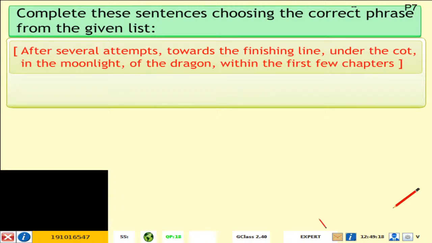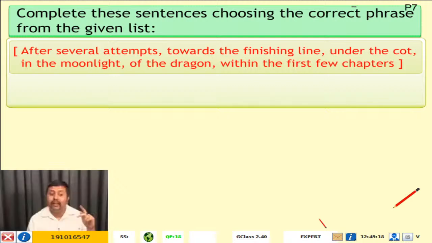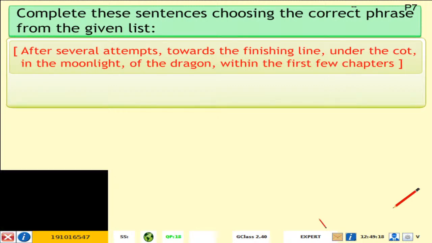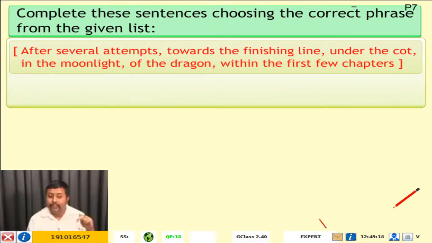So your options of prepositional phrases are after several attempts, towards the finishing line, under the cot, in the moonlight, of the dragon, within the first few chapters.